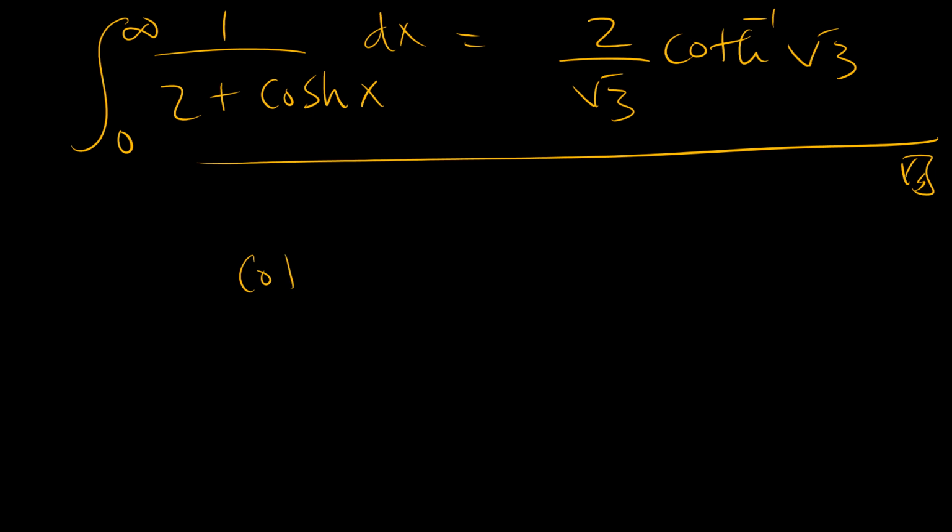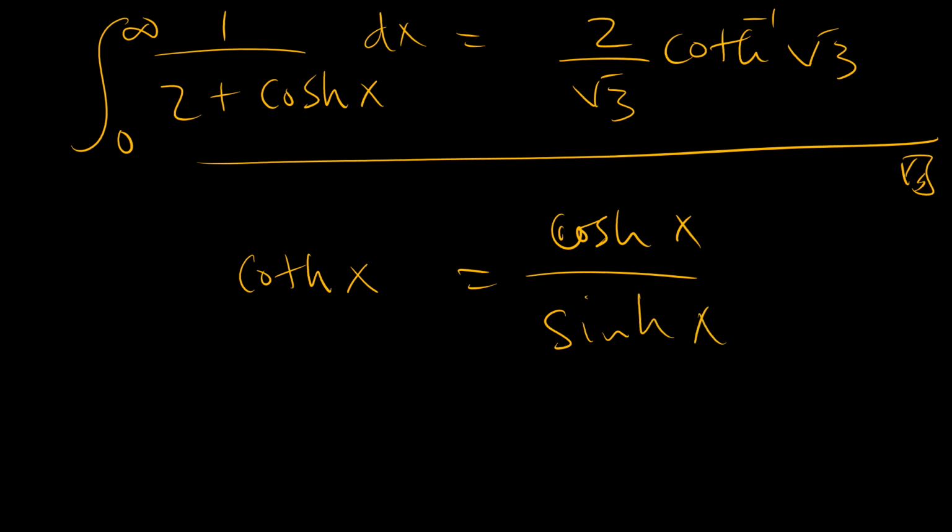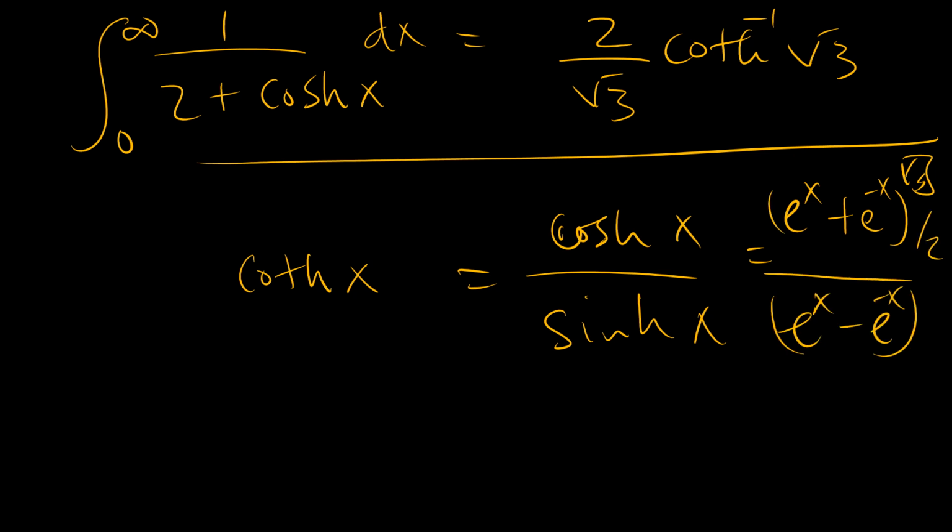However, we know cotangent of a function x being equal to, let me begin from the very elementary parts of it so that we're able to see it, cosh x over sinh x, which is equal to e to the power x plus e to the power negative x divided by 2 over e to the power x minus e to the power negative x all over 2.